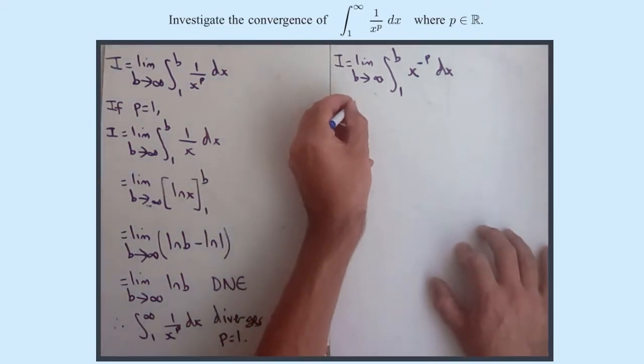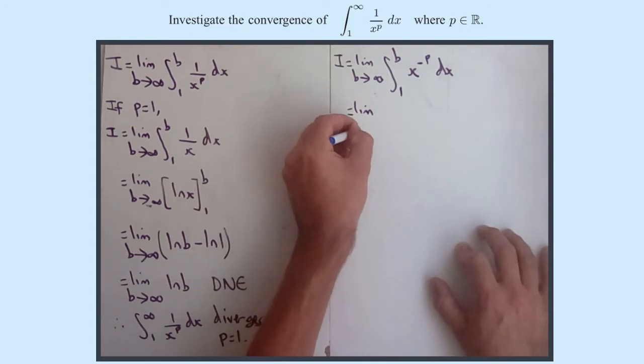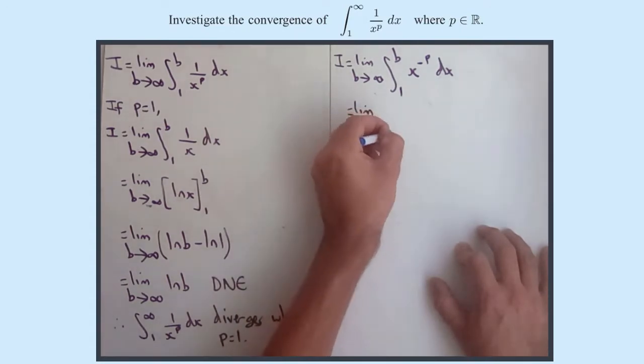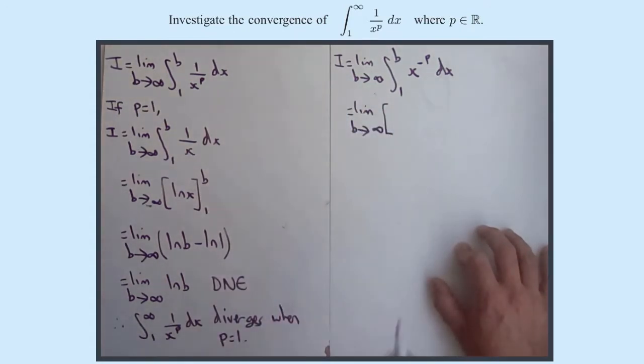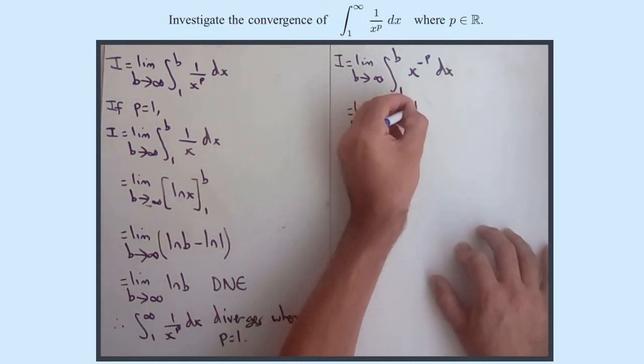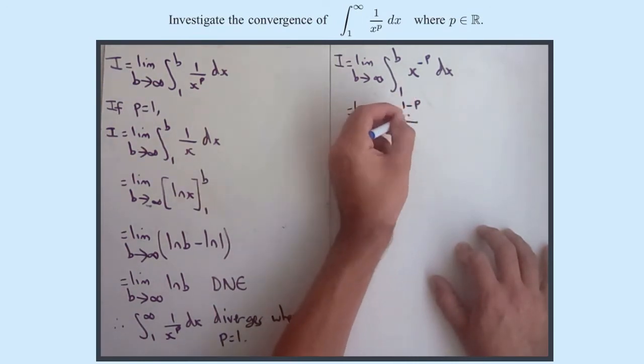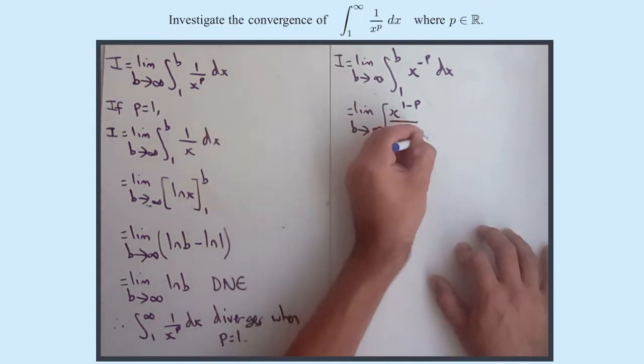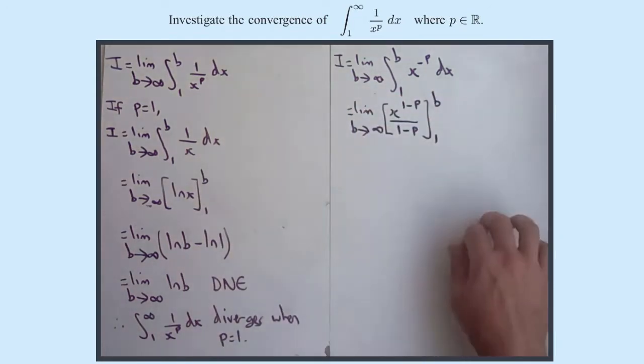So this equals the limit as b approaches infinity of, well, this is going to be x to the power minus p plus 1. So I'm going to write that as x to the power 1 minus p, and then just divide by that same power, so 1 minus p. And that needs to be evaluated at 1 and b.